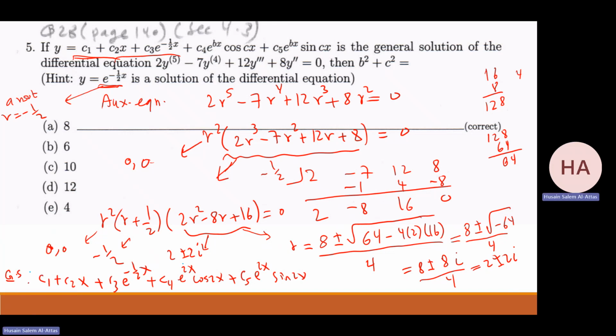This is B, using B. And this one is C. So B squared plus C squared will be 4 plus 4, which is 8, which is this one.